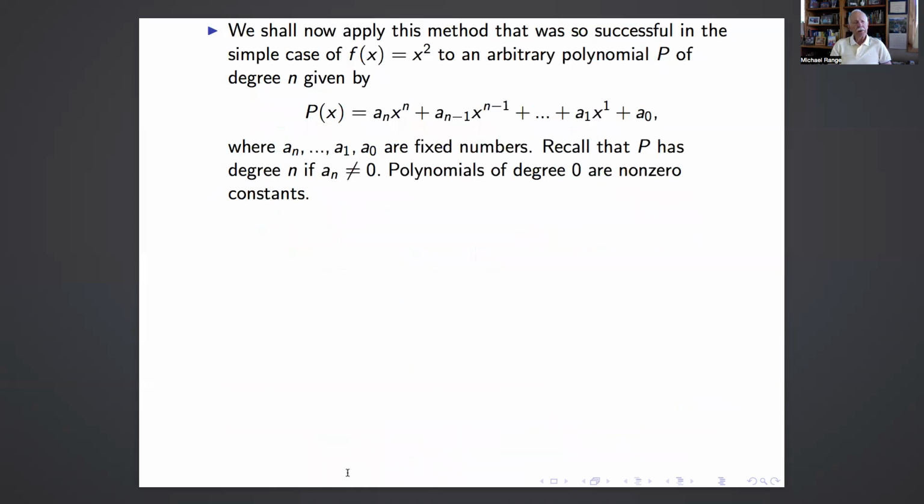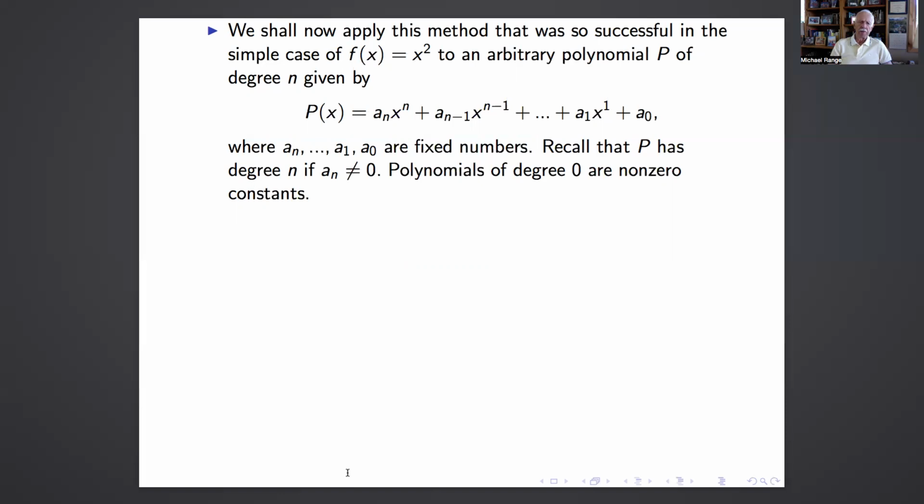Anyway, we shall now apply this method that was so easy and successful in the simple case of f of x equals x squared to an arbitrary polynomial p of degree n, given by the following expression, where the numbers a sub n up to a sub 0 are fixed numbers, the so-called coefficients of the polynomial.